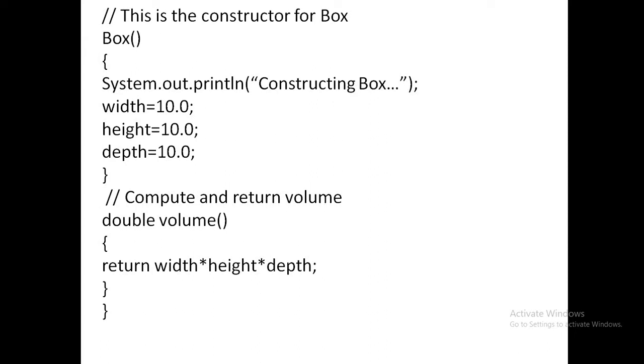It has the same name as the class name, and it prints "Constructing box", and the values commonly given with the constructor are 10.0 for width, height and depth, as it is a double value. Following that, a function volume is defined which returns the volume of the box.